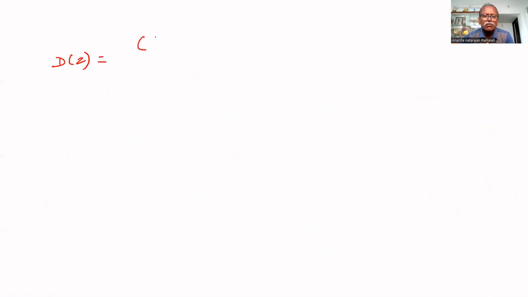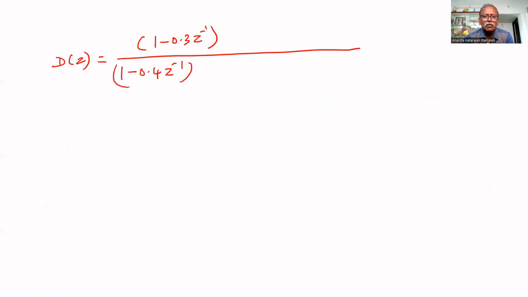D of z equals 1 minus 0.3 z power minus 1 upon 1 minus 0.4 z power minus 1, 1 plus 0.5 z power minus 1, 1 minus 0.6 z power minus 1.